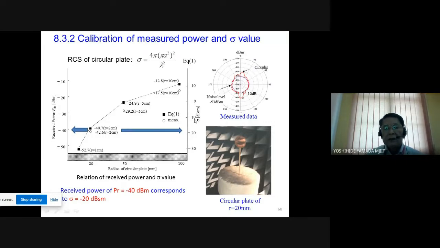That is, some calibration measurement is needed relating the received power and the radar cross-section. In this case, the received power of minus 40 dBm corresponds to the radar cross-section of 20 dB square meter.